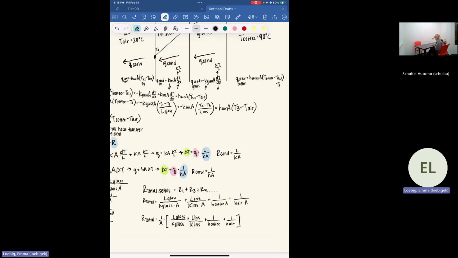And that is how you solve for the thermal resistances in our example.